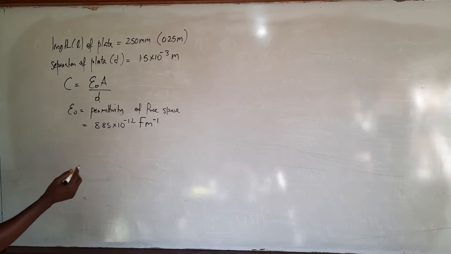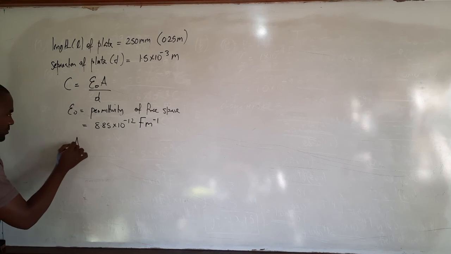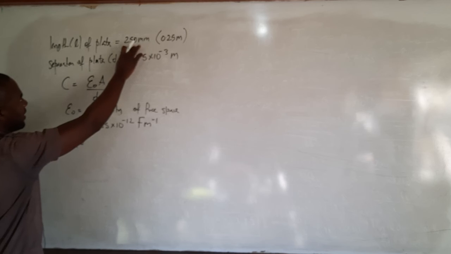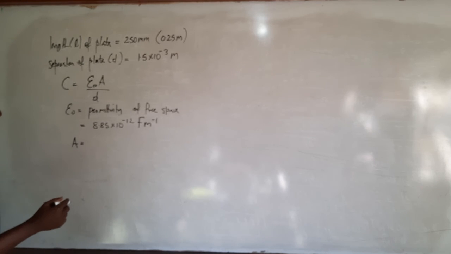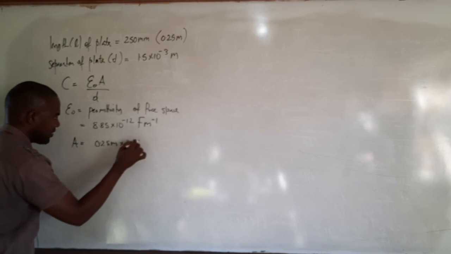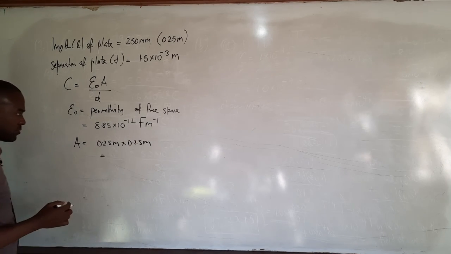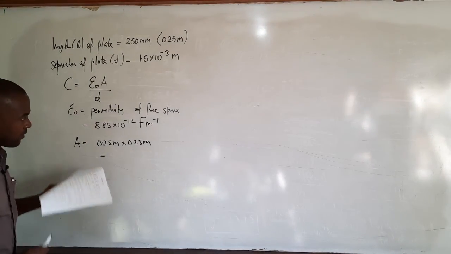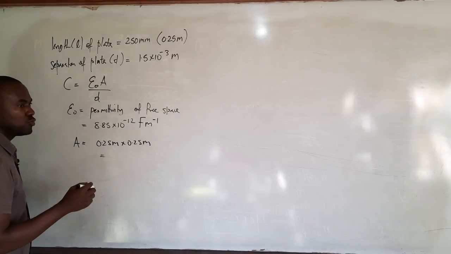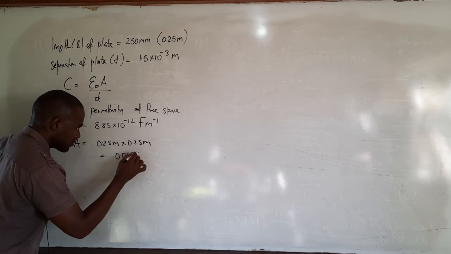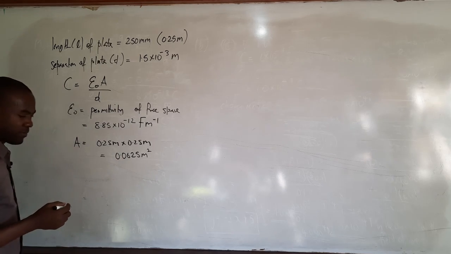So having done that, first of all, we need to calculate the area of the plates. So the area A, since it's a square, is basically side by side. So it's a square of length 250 millimeters or 0.25 meters. So this gives us 0.25 meters times 0.25 meters, which gives us 0.0625 meters squared, right?